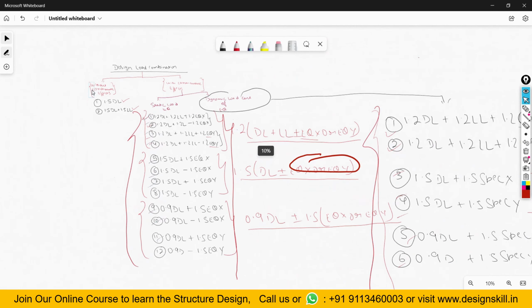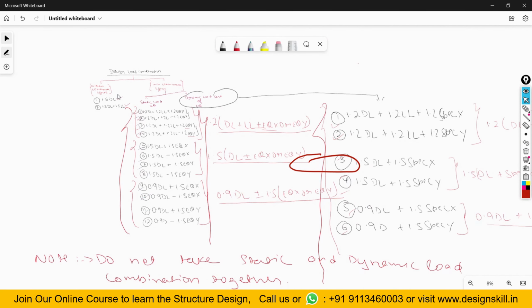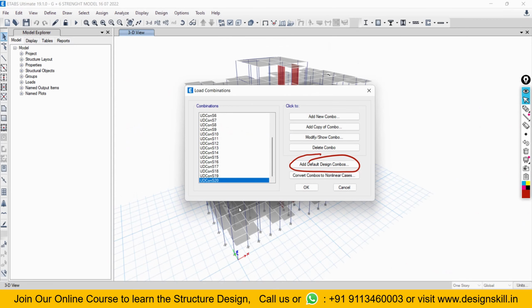So there will be 20 load combinations in total. Two of them are without earthquake effect, and 18 are with earthquake effect, of which 12 are static and 6 are dynamic. The same thing has been generated by the software. So the total load combinations generated by the software is 20.